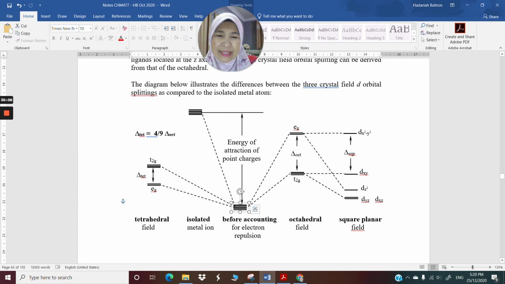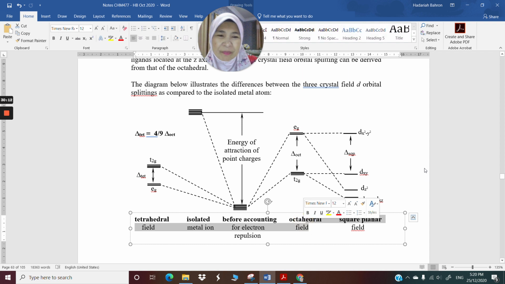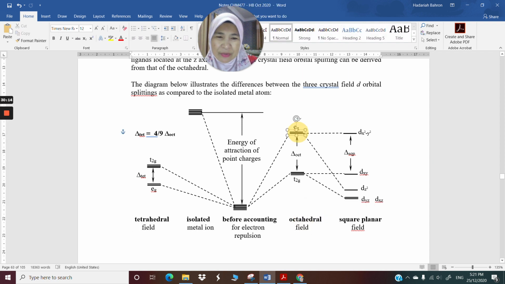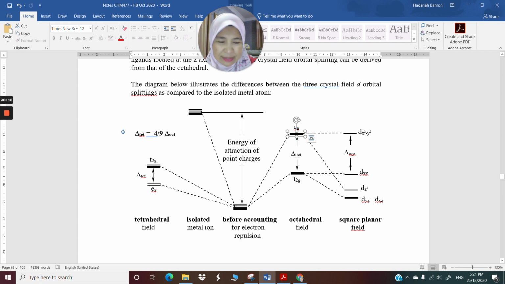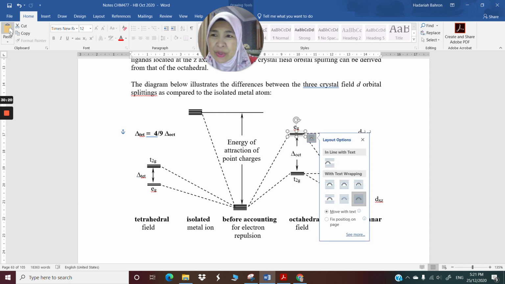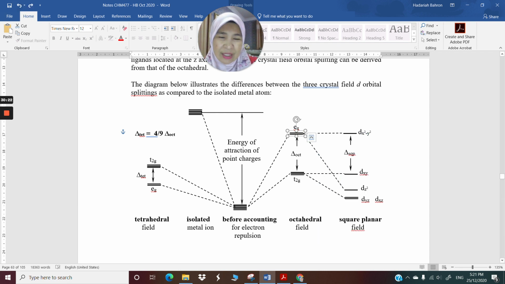When 6 ligands come to make an octahedral arrangement with that metal, this is what happens. Your Eg becomes more destabilized compared to your T2G, and the splitting is called delta oct.